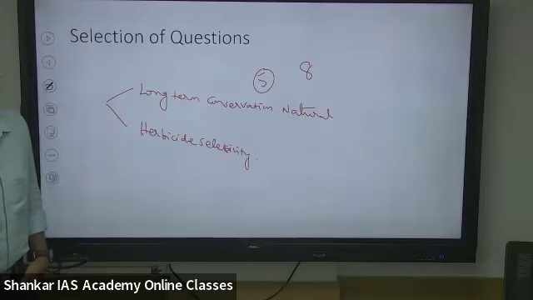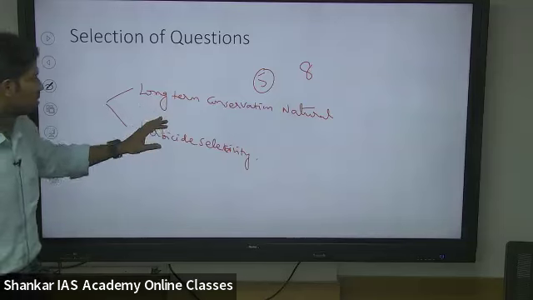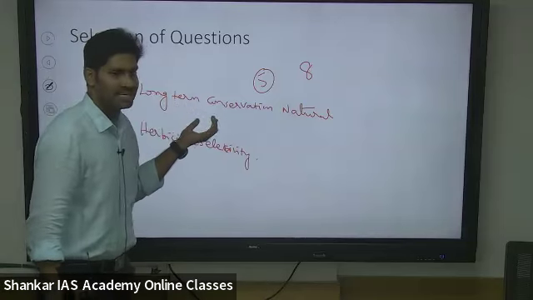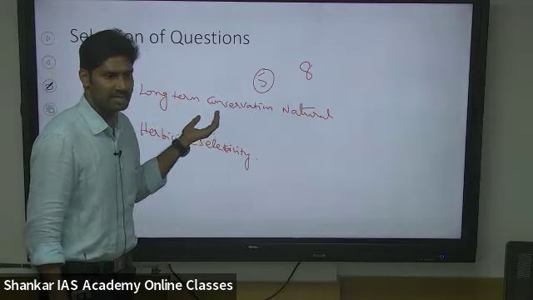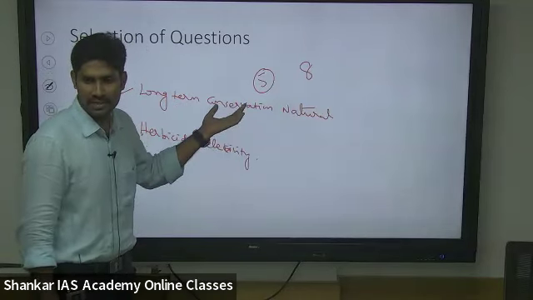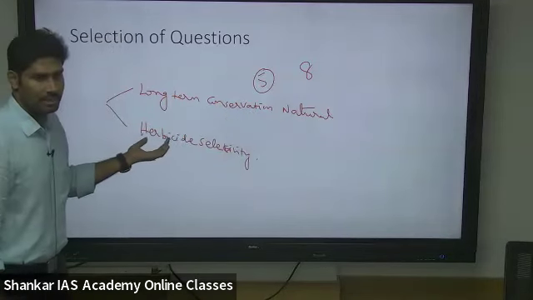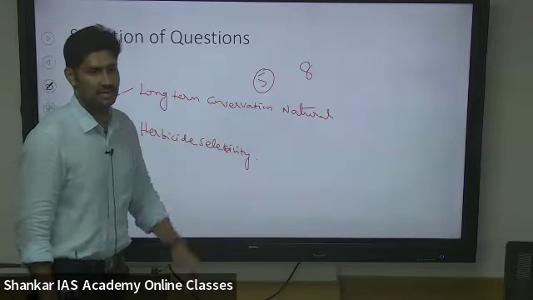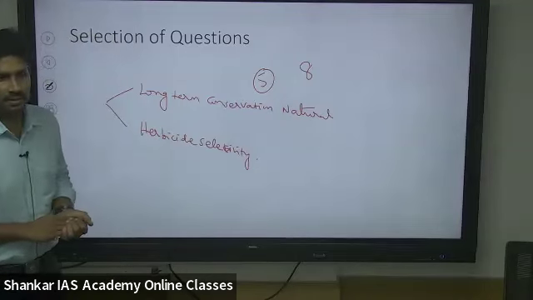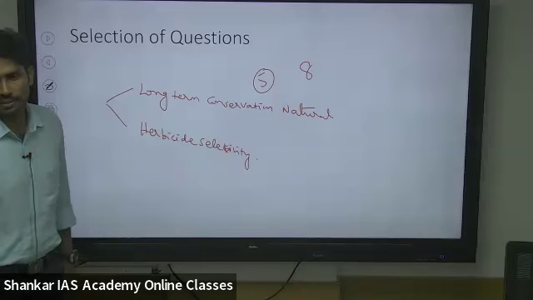Assume that you know the answer for both of these questions. Even non-agri graduates can write an answer for the first question: what are the conservation measures for natural resources? And another question: mechanism of herbicide selectivity. What are the different mechanisms? If you know the answer for both questions, which question will you choose?